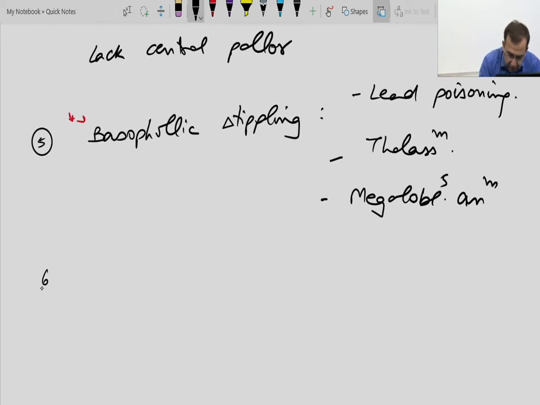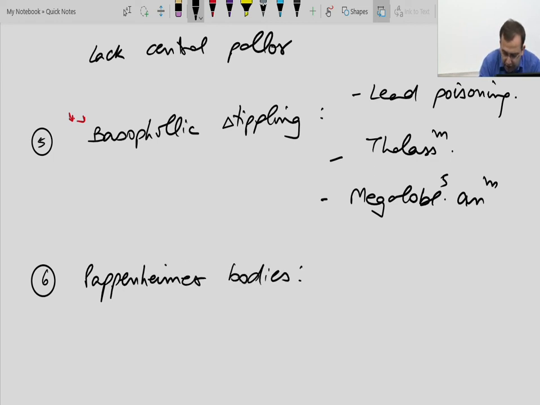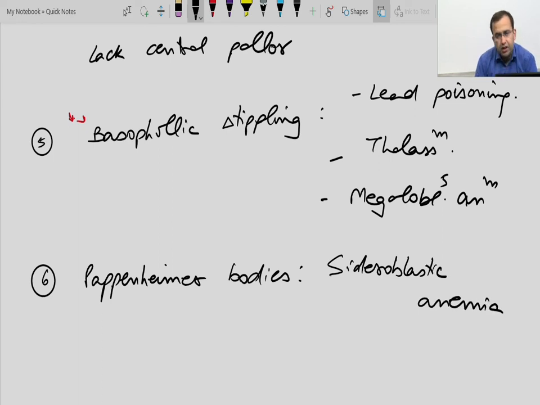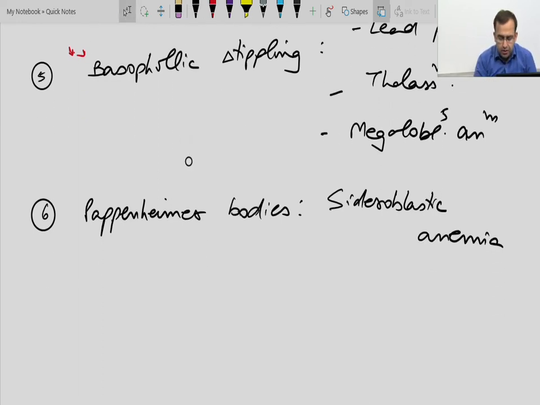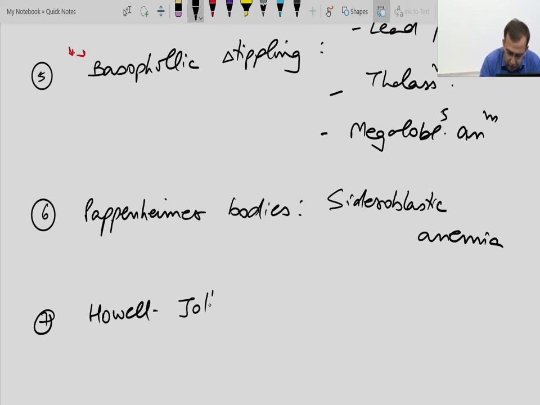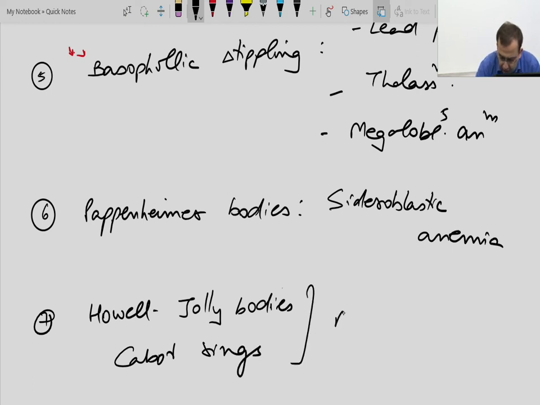Next is Pappenheimer bodies, which are seen in sideroblastic anemia. Next, Howell-Jolly bodies and Cabot rings, seen in megaloblastic anemia.